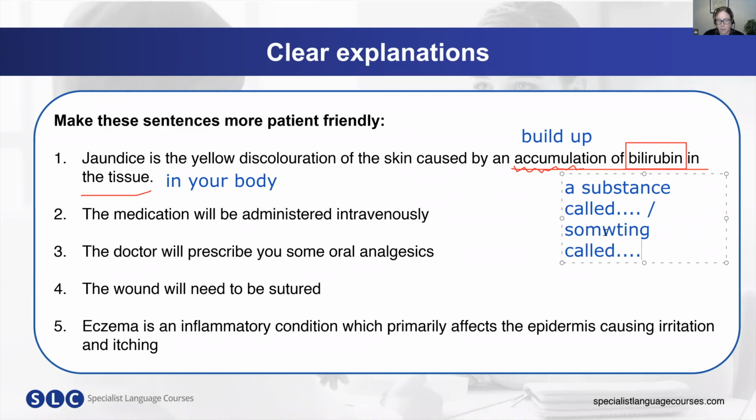So you can use the technical terms if you need to, but explain that it is a technical term by saying something we call bilirubin or a substance called bilirubin. Otherwise, they might get confused and go, Billy, what?